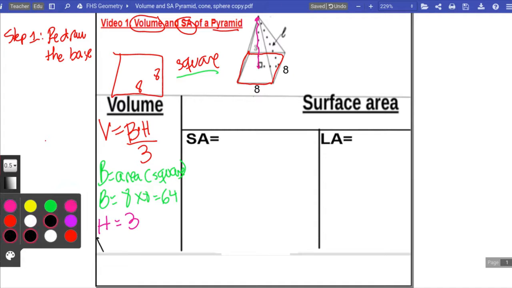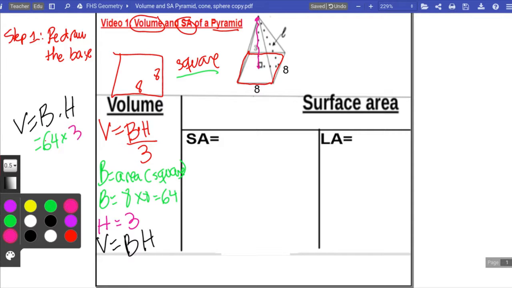So the formula is big B times big H. I'm running out of room, so let's just do it on this side over here. V equals big B times big H. Big B is my green color. I was able to get 64 for that, times how tall it is.